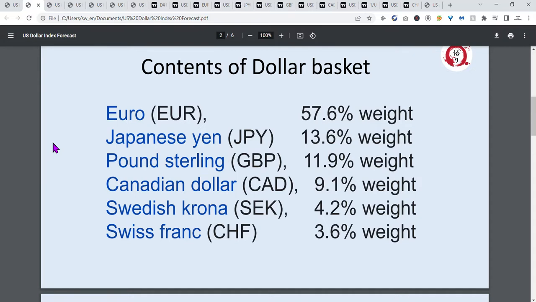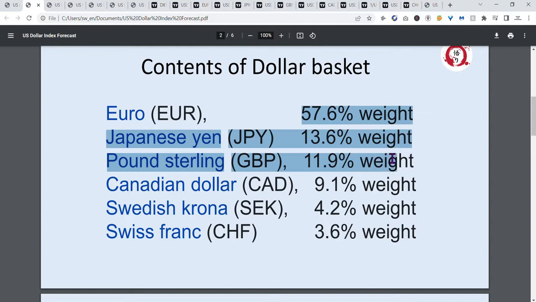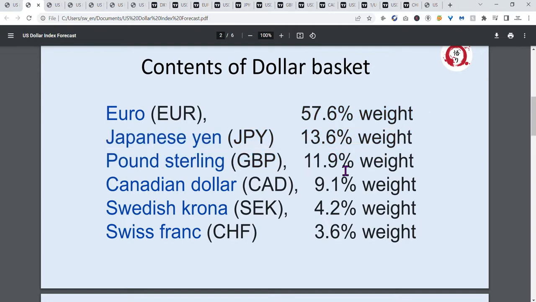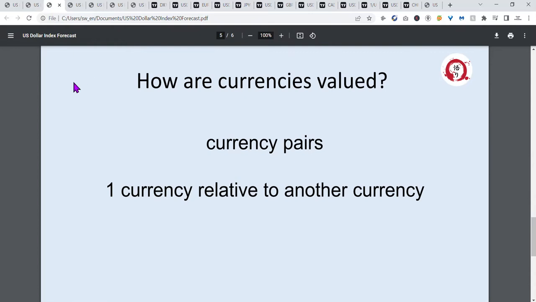And here's the basket in front of us, and you can see the weighting. And notice that this is 83%. So 83% of the basket is made up of these three currencies, and that'll be relevant somewhere during this video.